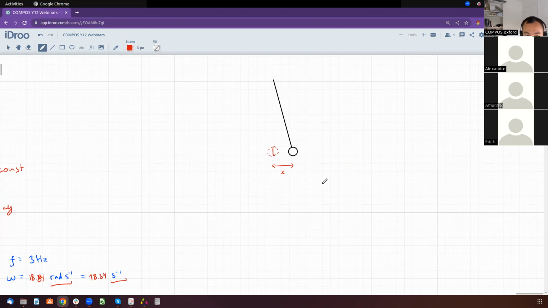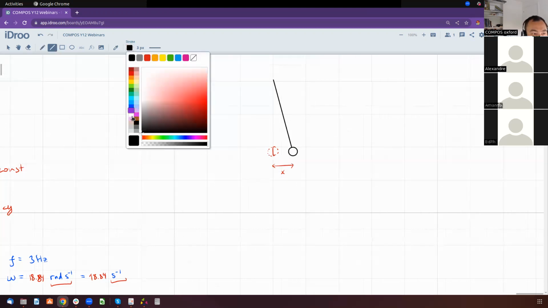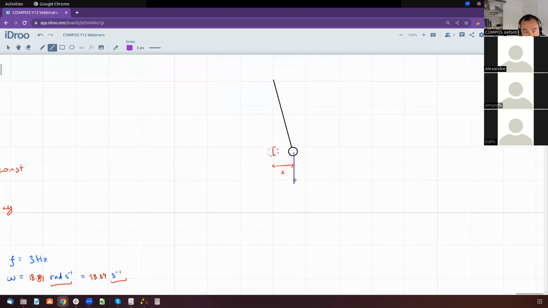When the pendulum is displaced by x, there is a restoring force, and let's have a look where it comes from. There's the weight mg, and there's the tension force.